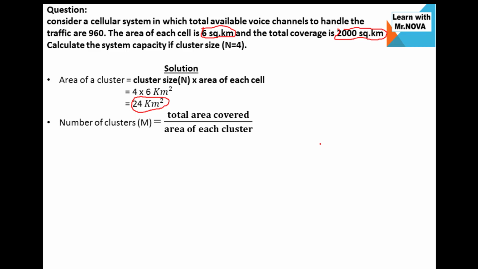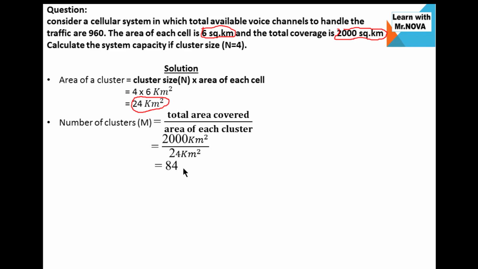So 2000 kilometers square divided by 24 kilometers square, and you're going to get 84. The kilometers at the numerator cancel the kilometers at the denominator, so it has no unit. You can just simply say 84 clusters.